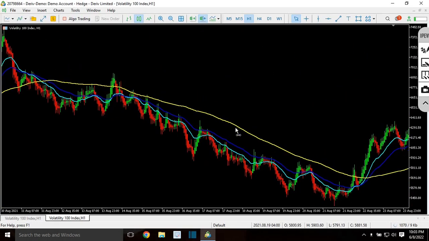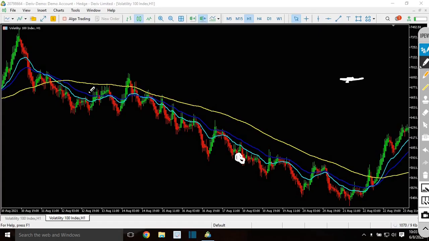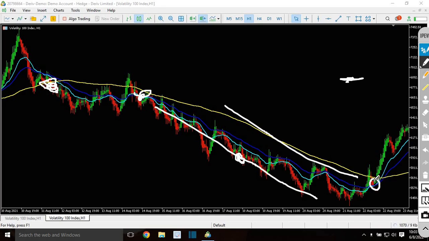Differently, if you sold somewhere right here at this point after the crossover, or you sold at this point, you had your good trend moving down, and here you exit the markets right here.